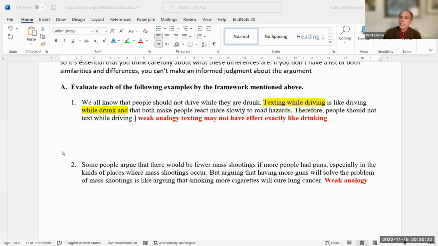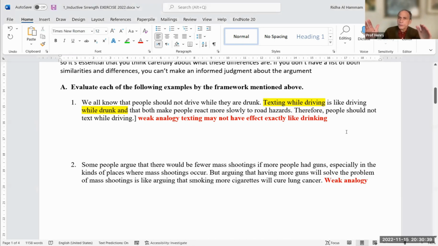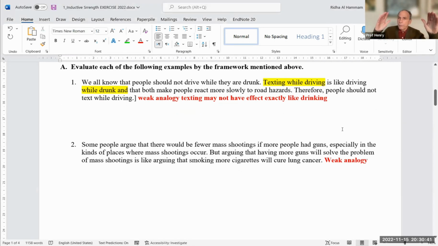Your response time could be better than with alcohol. Once you're drunk, you can't turn it on and off, or at least you have to wait a few more hours. So the issue is, everything has similarities and differences, but what are the relevant differences to discount the analogy?